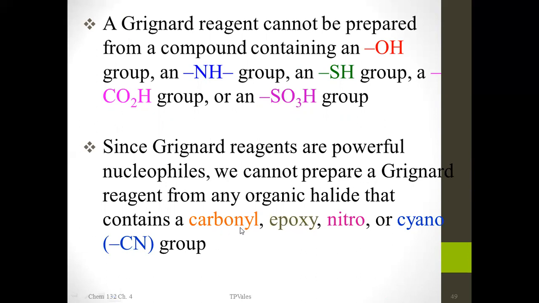So we cannot prepare a Grignard reagent from any organic halide that contains a carbonyl compound. Instead of the alkyl from an organic halide attacking, it's the carbonyl or the epoxy or the nitro that gets attacked. So much better if we use an alkyl halide for our reagent.